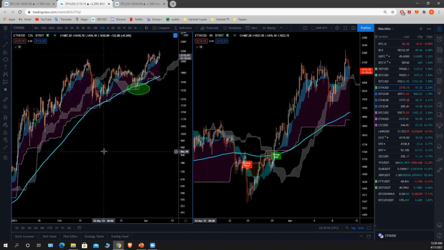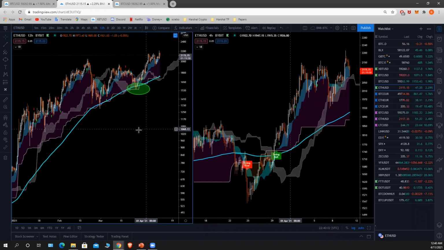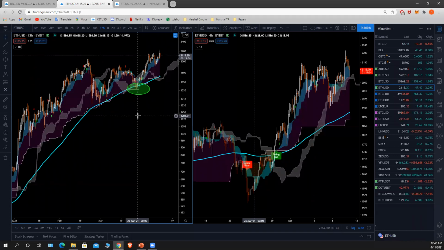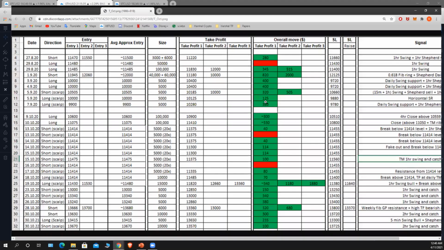So yeah, this is the most important point. Try to use 2 time frames, and you will see a lot of improvement in your trading style. For example, I shared one of my trade sheets with Amol, I think a couple of months back. I will just show it to you here.